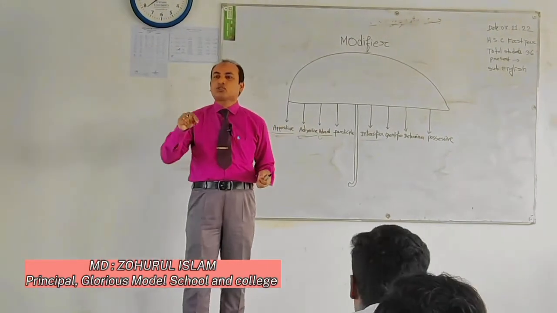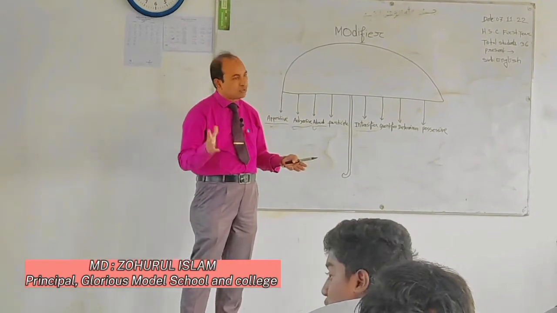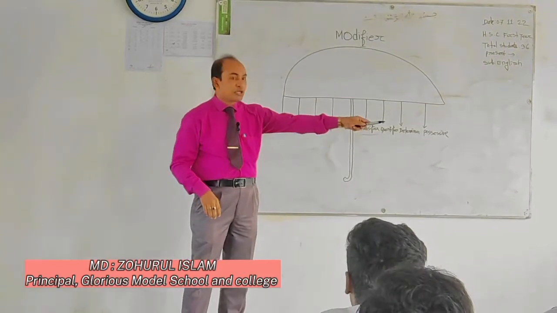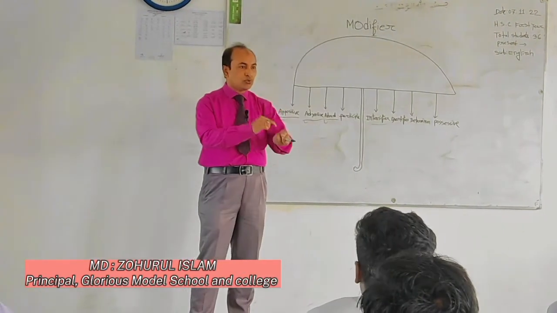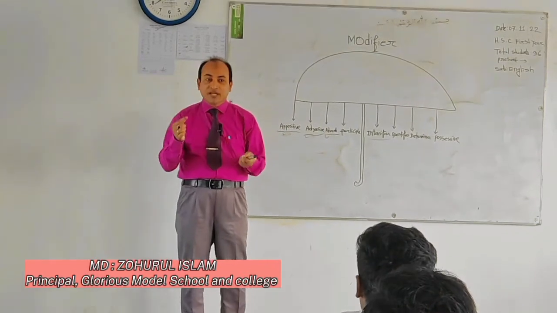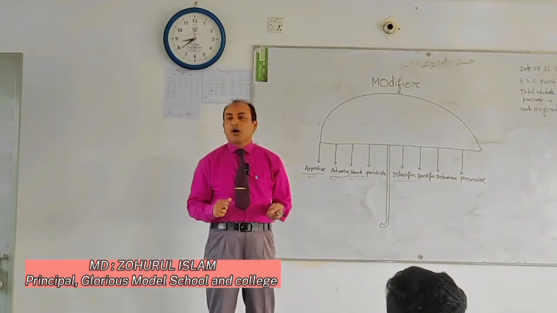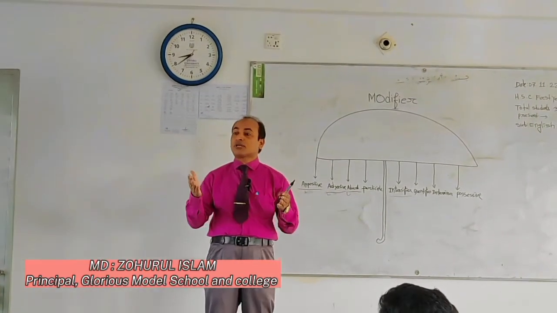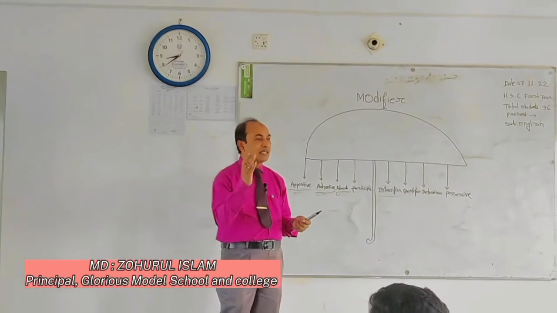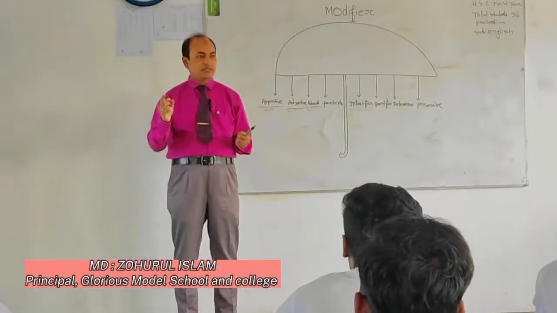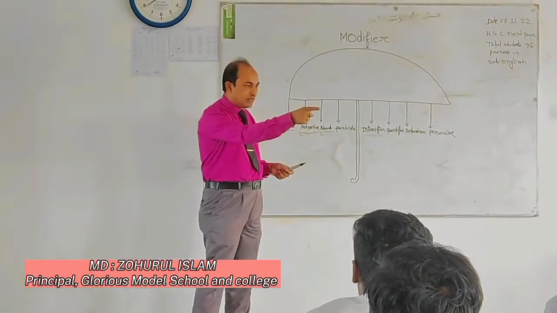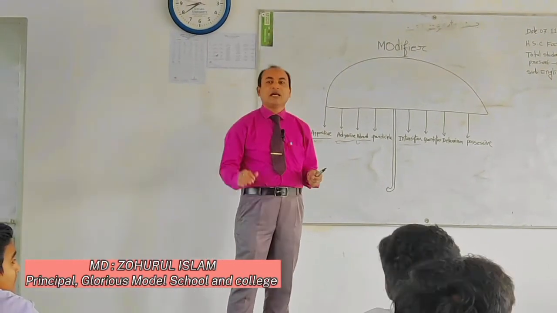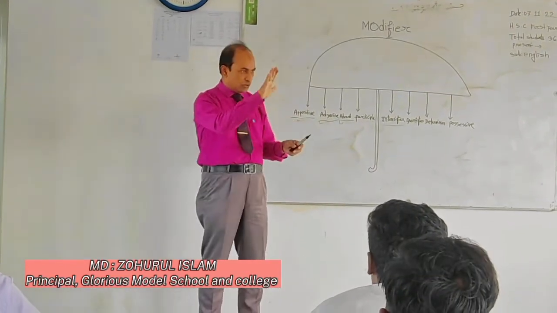Determiner also includes this, that, those. That is called demonstrative. You can understand? In the exam, after some time I will give you an exercise sheet and you have to do it. Demonstrative means this, these, those, that. What is demonstrative? These, those, that are called demonstrative.